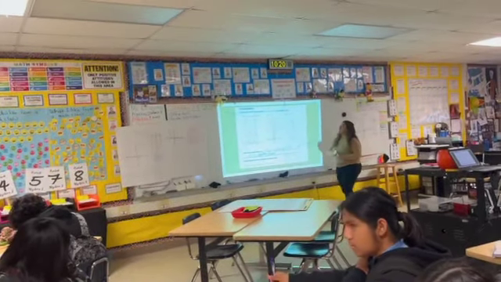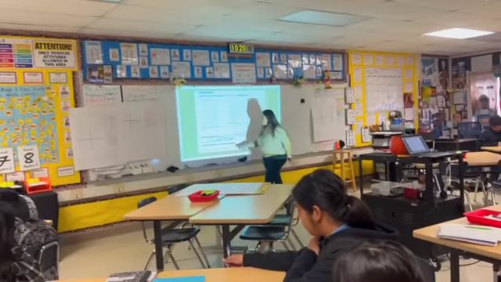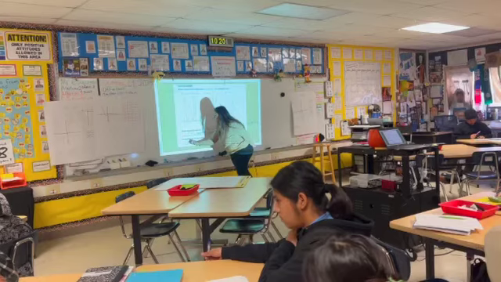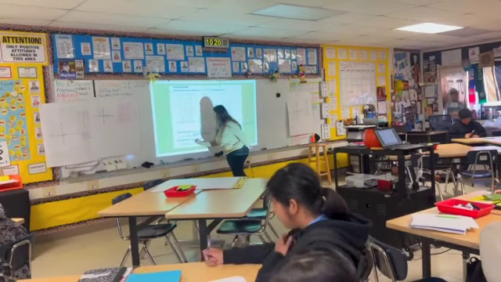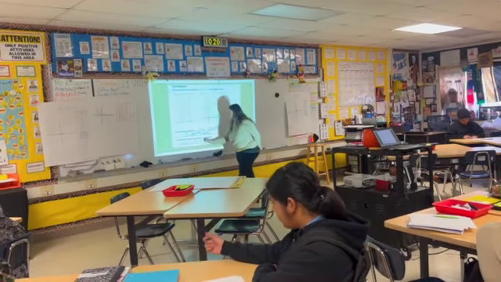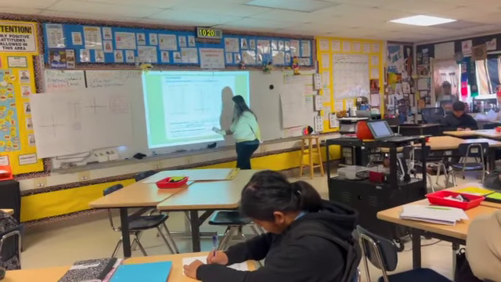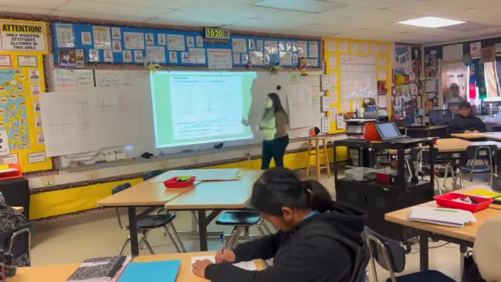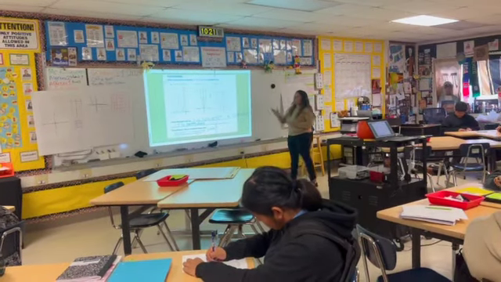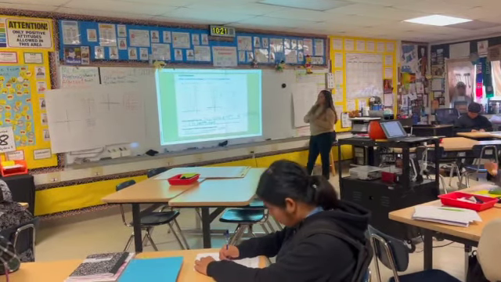When it becomes a negative. When there's a negative in front, it's going to change the direction of our graph.